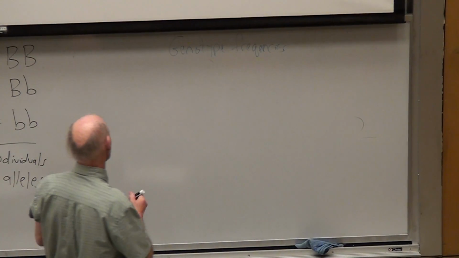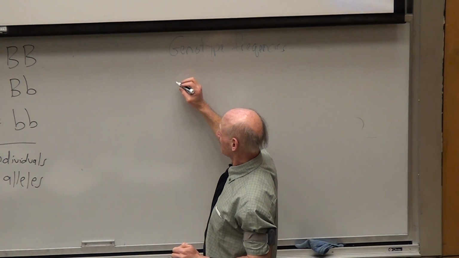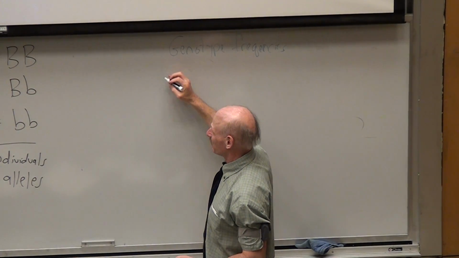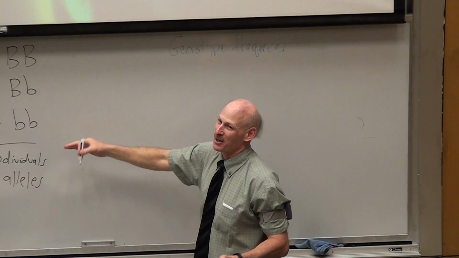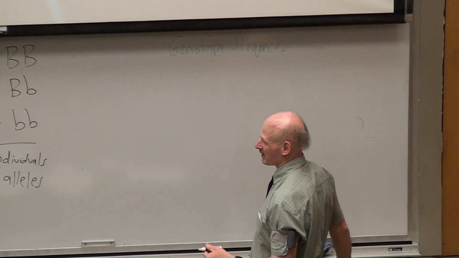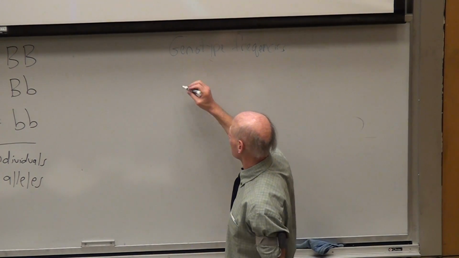What percentage of the population is homozygous dominant? 6%, right? Because percent means per 100, and when I gave you this problem, I deliberately chose 100 individuals just to make the percentages obvious. So 6% are homozygous dominant.